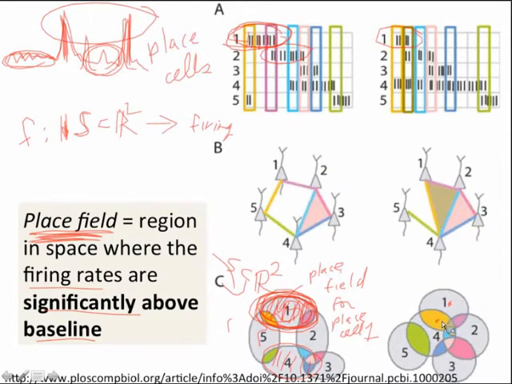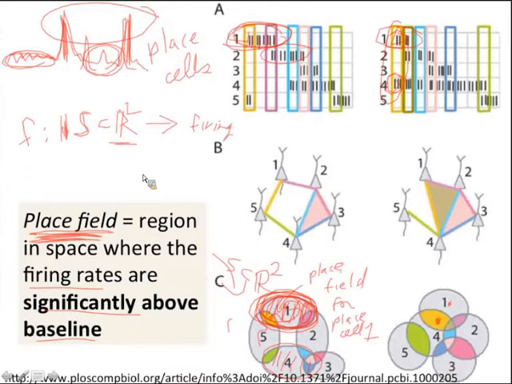For this point here, we get a firing rate for both cell 1 and cell 2. So you can also talk about a function from the points where the mouse is traveling into your firing rates.